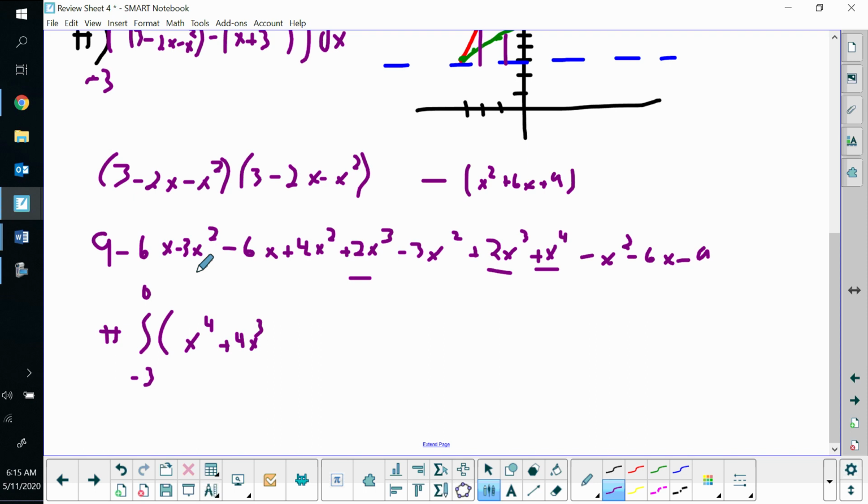We got 4 different x squared terms. We have negative 3x squared plus 4x squared gives us 1x squared. Minus 3x squared gives us negative 2x squared. Minus x squared gives us negative 3x squared. Then our x's, we have minus 6x, minus 6x, and minus 6x. That gives us negative 18x. And then the 9's wipe out, because you got 9 minus 9.